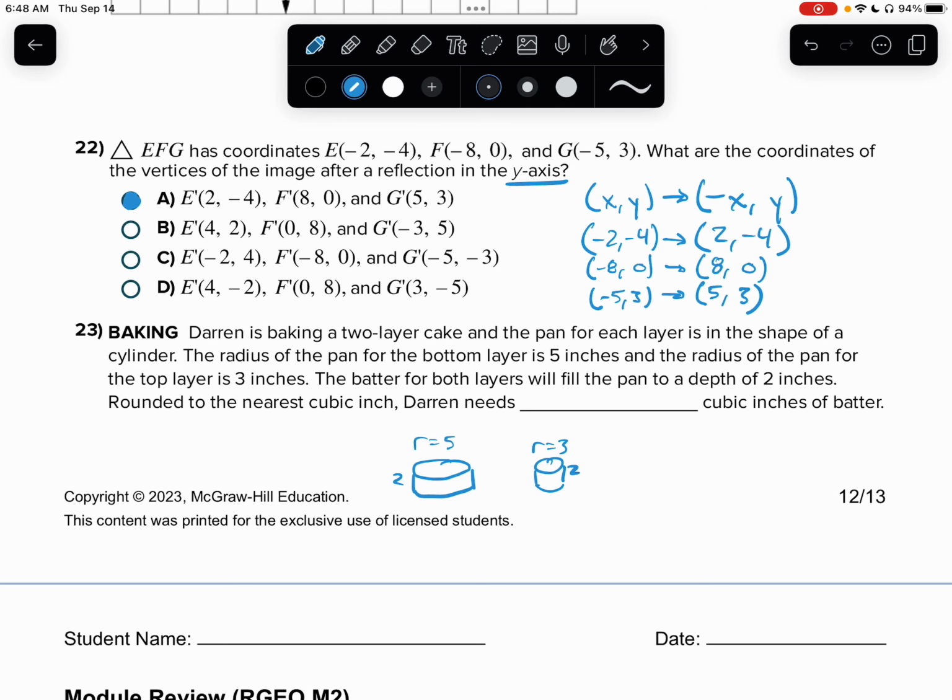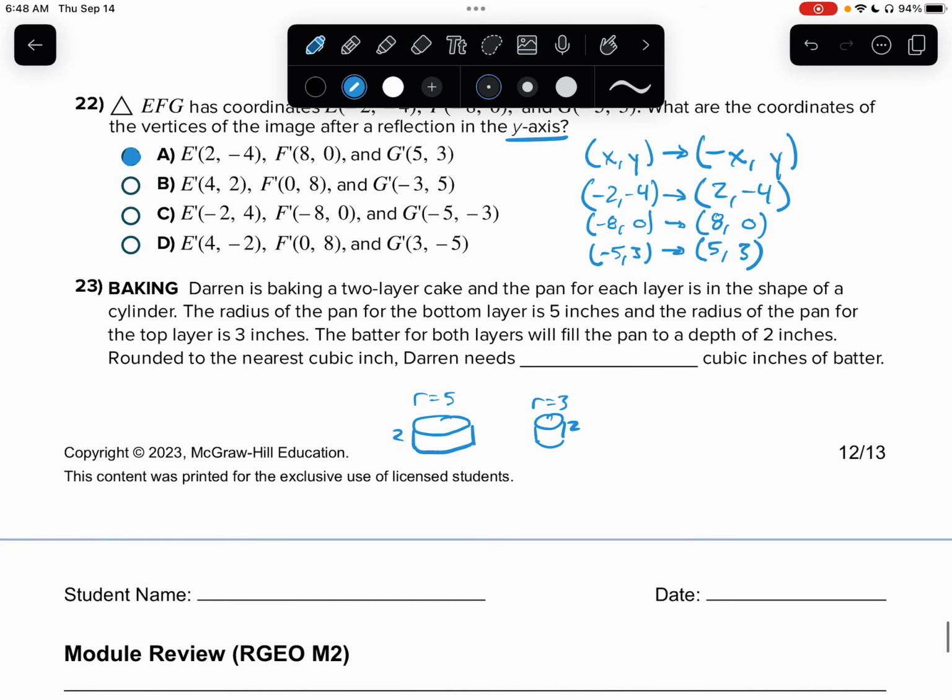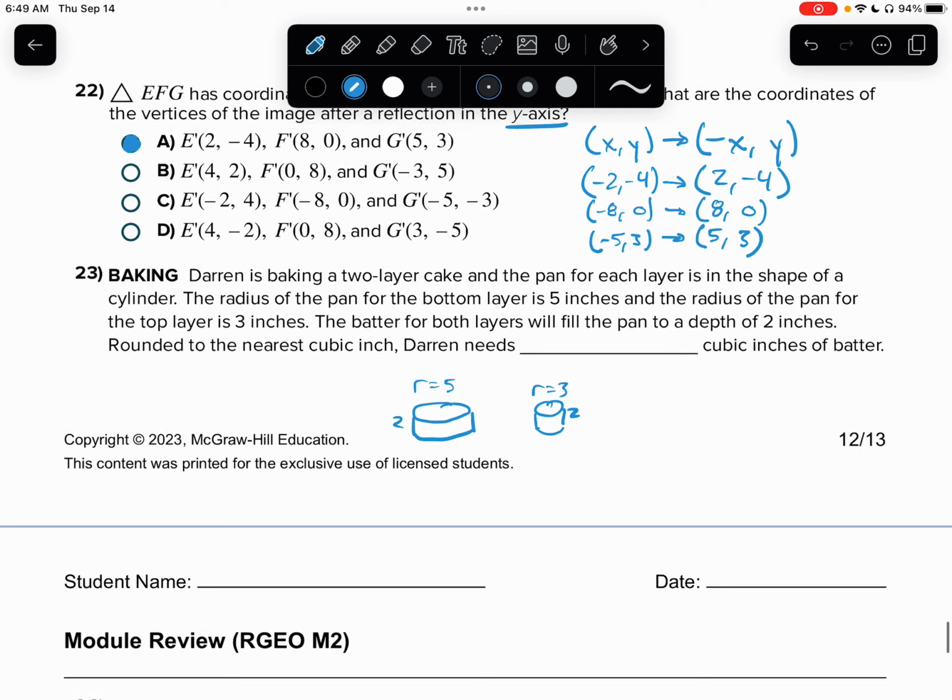So what I'm doing is I'm finding the volume here. So my volume formula for a cylinder, what did we say it was? Hold on, let me get out my notes real quick. Yeah, so volume is just pi r squared times h.